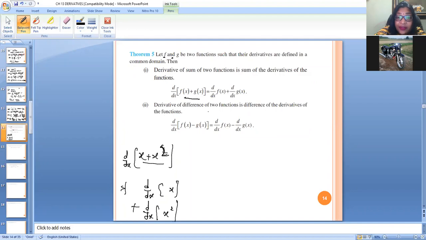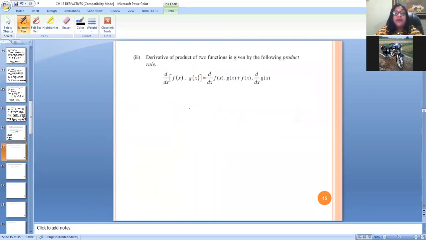Again, the derivative of the difference of two functions is the difference of the derivatives of the functions. If we take the difference f of x minus g of x and take its derivative, it will be equal to the derivative of fx minus the derivative of gx. So addition and subtraction is simple.